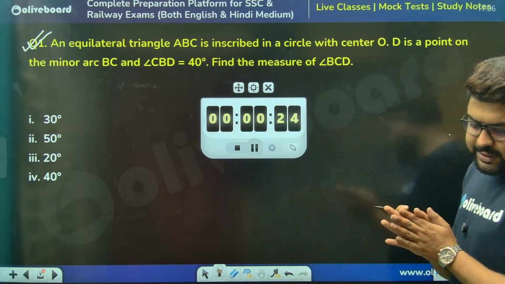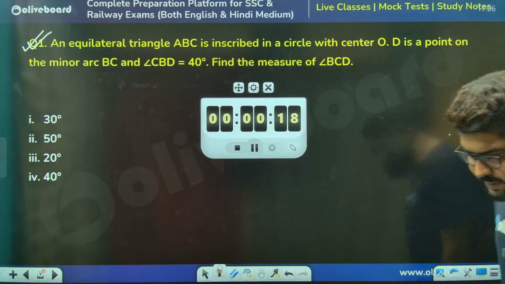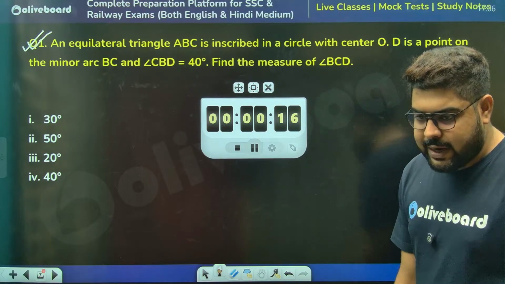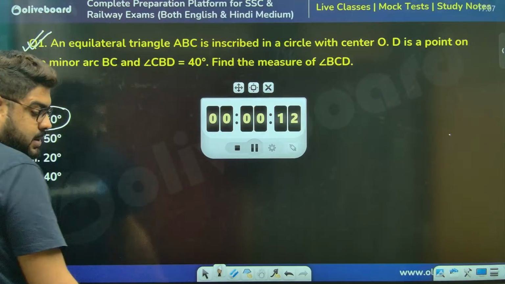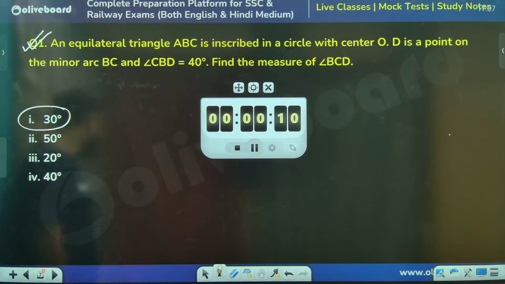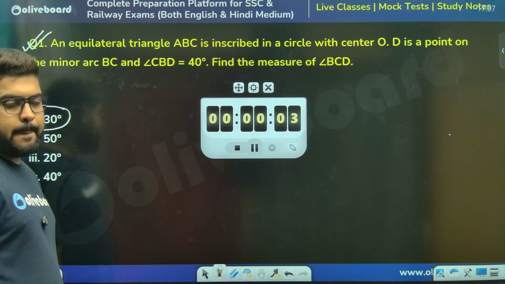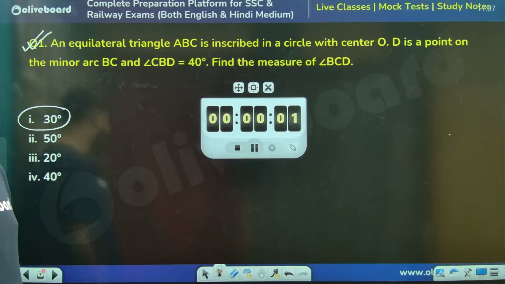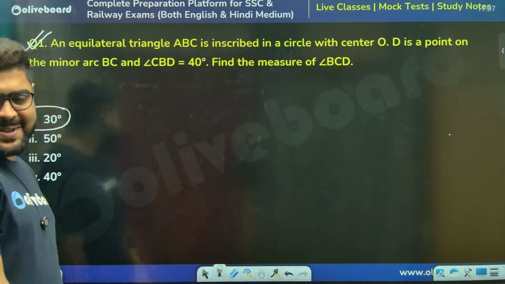Any answers? Arghamita has given one answer as 30. Let's see. 10 more seconds remaining. Time up.